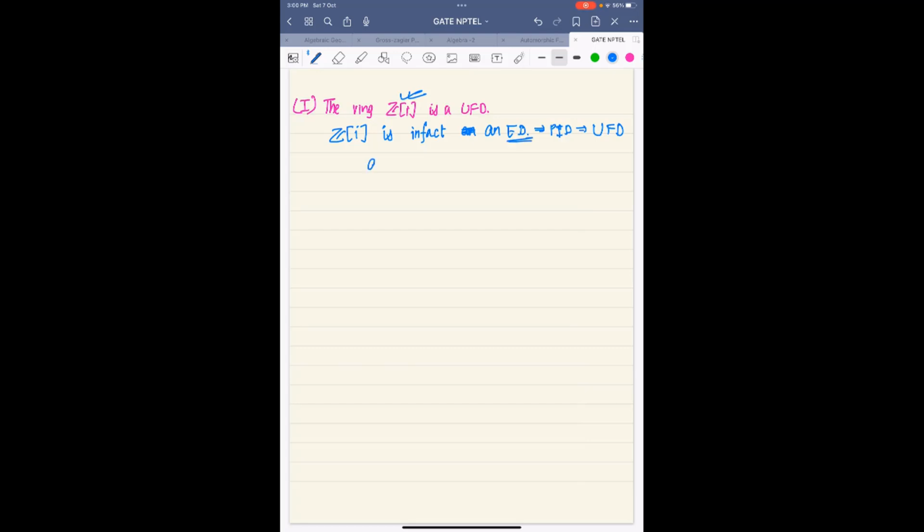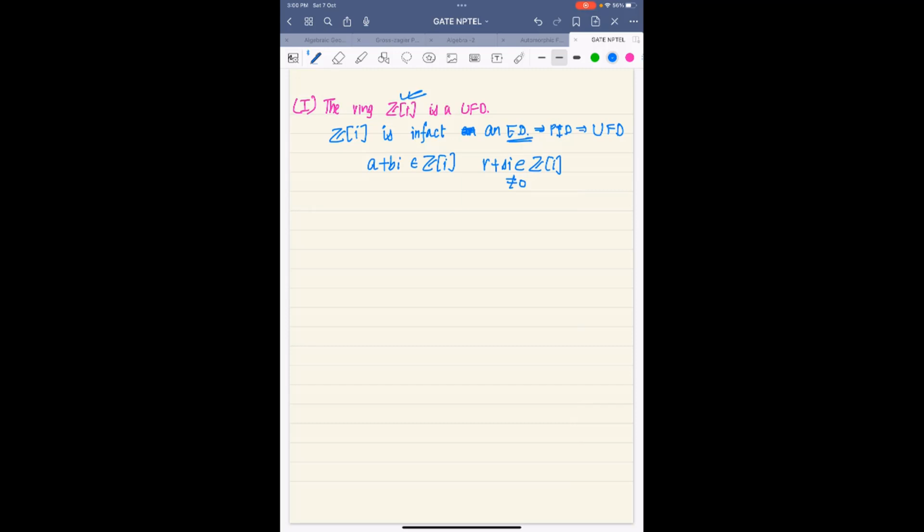So let's consider A plus Bi belongs to Z[i], a random Gaussian integer, and let R plus Si belong to Z[i] be a non-zero Gaussian integer.